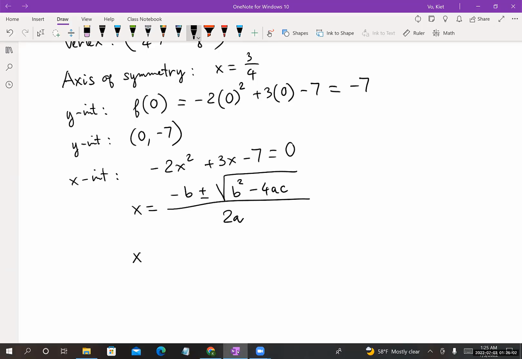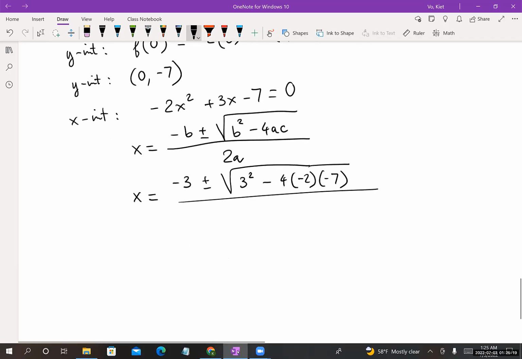So x is going to be negative b plus or minus the square root of the quantity b squared minus 4ac, over the quantity 2 times a. Okay. So this is going to be negative 3 and then the square root of 3 squared minus 4 times negative 2 times negative 7, over 2 times negative 2. So x is negative 3 plus or minus the square root of, it's going to be 9 subtract 56. 9 subtract 56, how much is that?